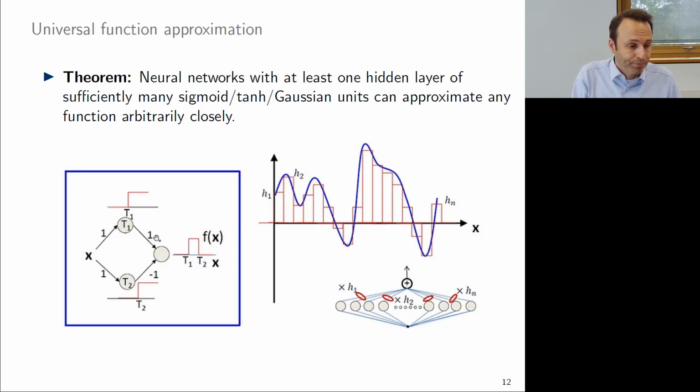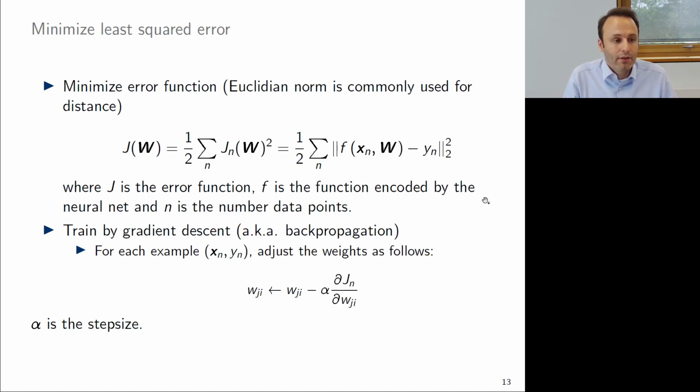So here's an example using this step function, and here you can imagine that you have a mixture of many different Gaussian kernels that produce these approximations to this blue continuous function. In practice, however, of course, neural networks are not as perfect as they sound, but it's still a very powerful tool. So the question is, how can we get to these weights W?